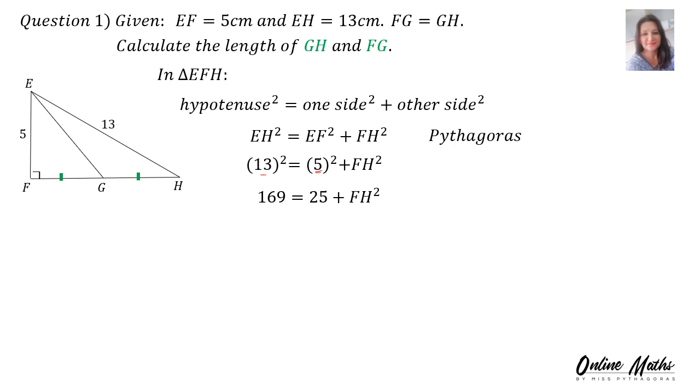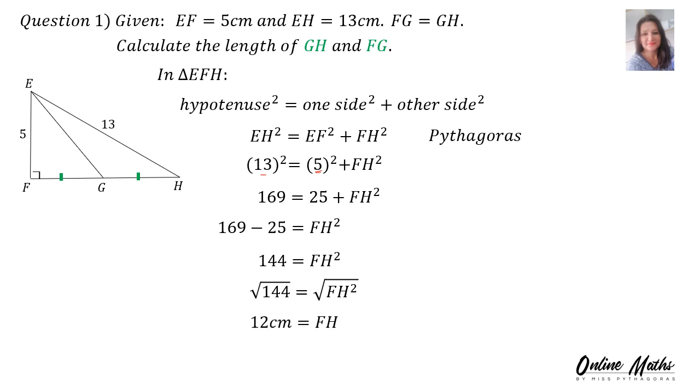25, plus FH squared. 25 walks across, 169 minus 25 is FH squared, 144 is equal to FH squared. Then we want only FH, we take the square root both sides, and we end with FH is equal to 12 centimeters.